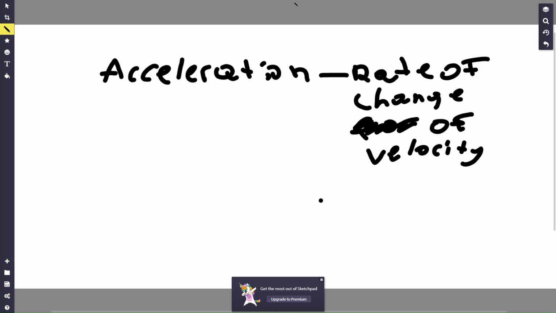Mathematically, acceleration, which can also be defined as just a, equals delta v divided by delta t.